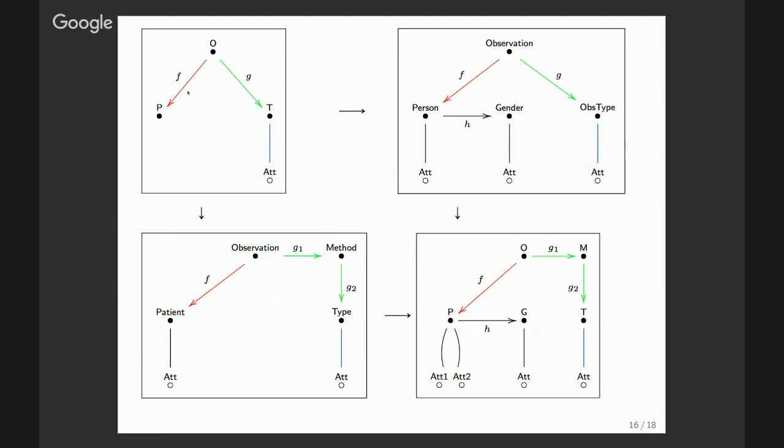And then finally, note that the overlap schema in the upper left has an attribute hanging off T because in this example, we're going to think of the types of observations that are done, for example, blood pressure and body weight, as being a controlled vocabulary. So we expect the terms to be the same across the input data.